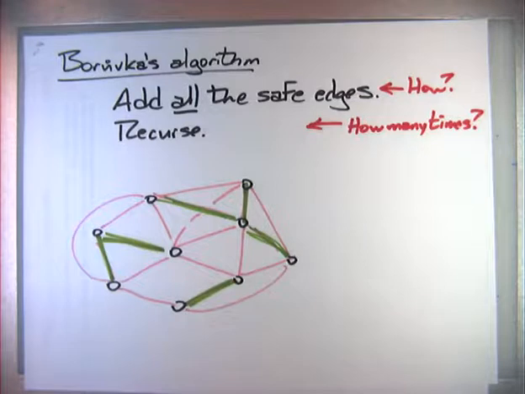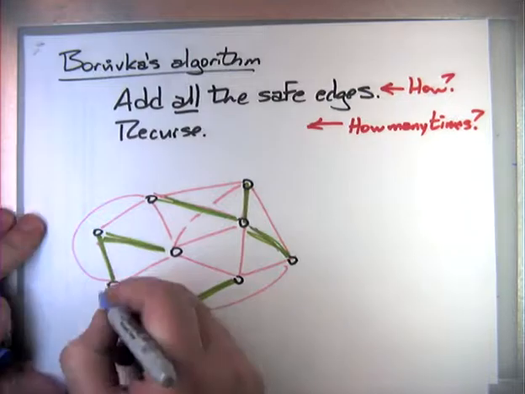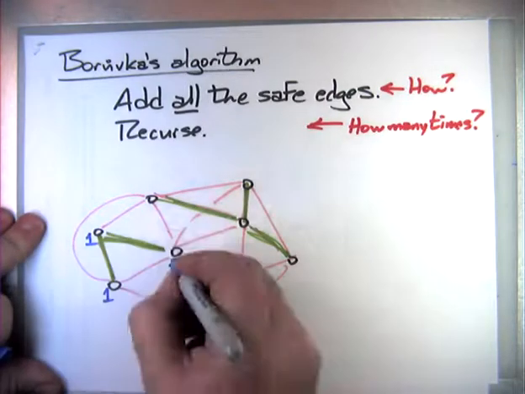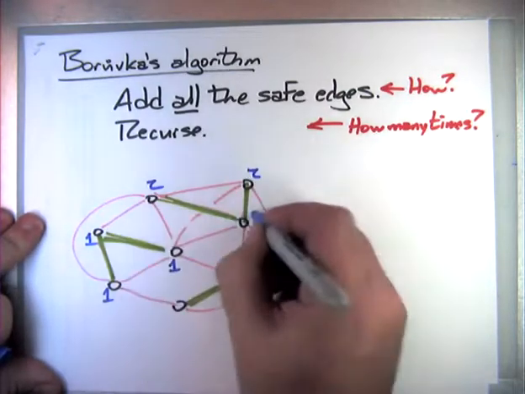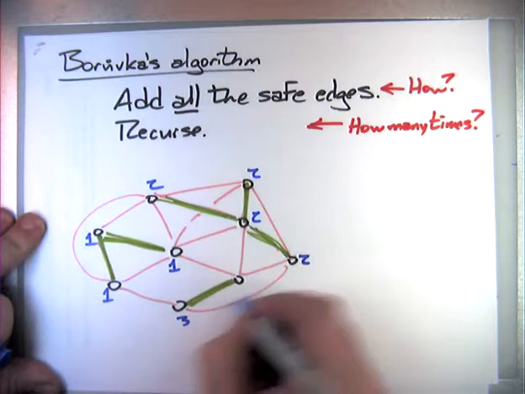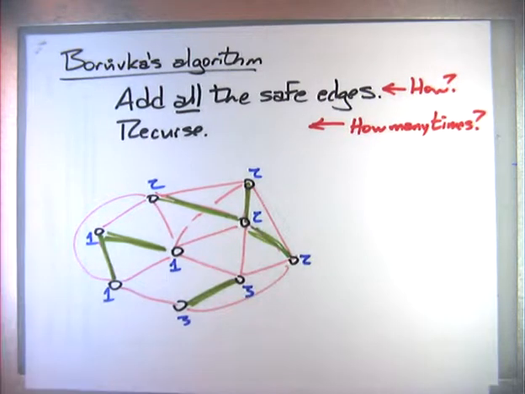There's something that we've already seen. Well, one thing that I might think of as a way to do this is if there was some way to magically label each of the vertices with some number that represents its component. So I'm going to label all the vertices in component 1 with a 1.